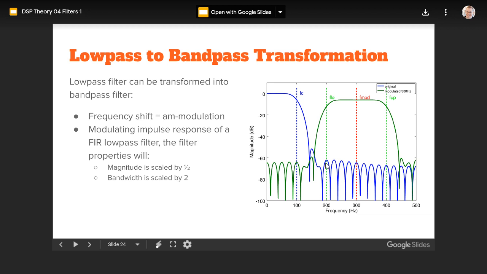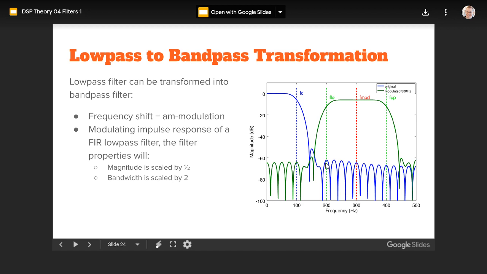Right. So it transforms the signal spectrum around the new carrier frequency.